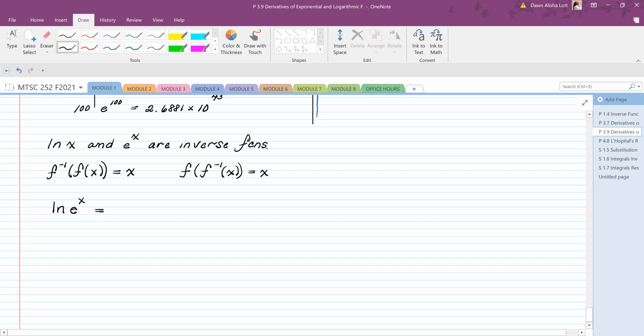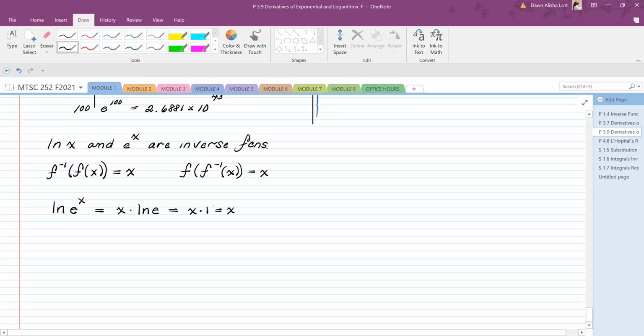Remember, the logarithm property said that whenever I had something to a power, I could bring that thing down as x times the natural logarithm of e. But remember, e is the only number whose natural logarithm is 1. So this becomes x times 1. So I get x.